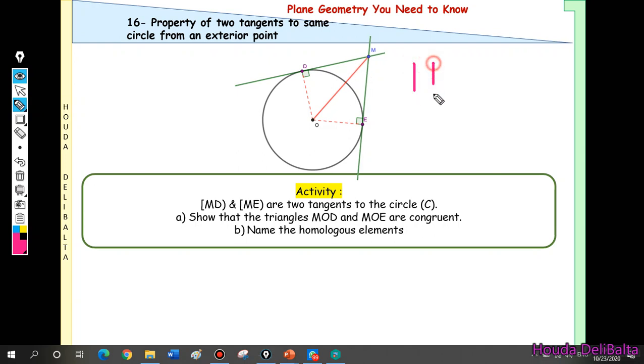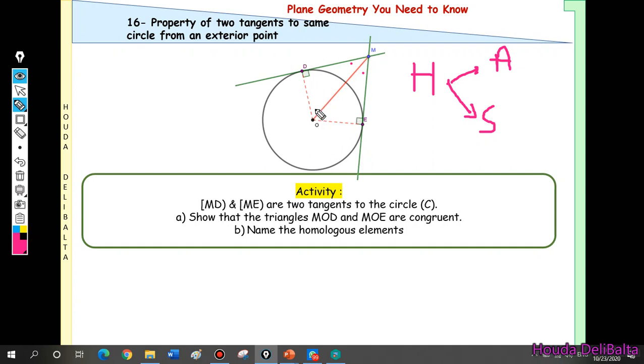So we have to maintain the hypotenuse, and we can search for either an angle or a side. Let me explain. When I maintain that the hypotenuse is equal, then if this angle is equal to this angle, these two triangles are directly congruent.